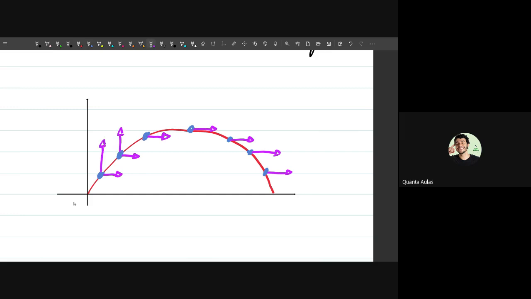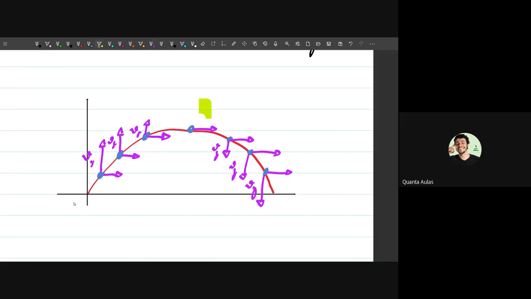But the velocity is decreasing until the moment the velocity in y is 0. Here is 0. And here we start to fall down. All these vectors are Vy. So in all the situations, you have a sum, a combination of the vectors in x and the vectors in y, in all the positions.